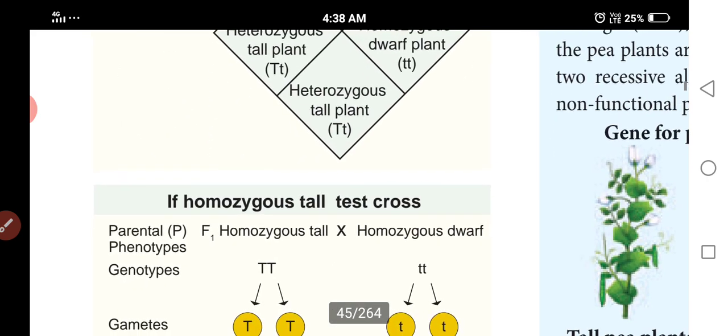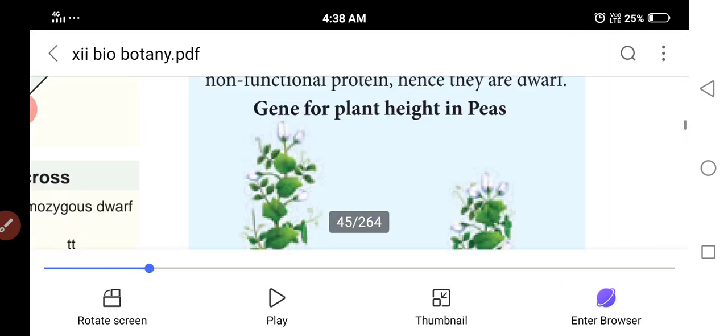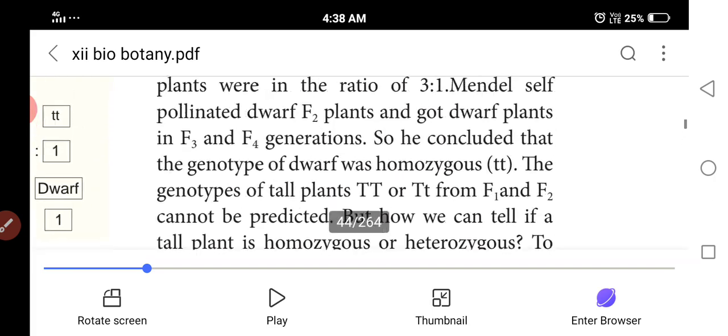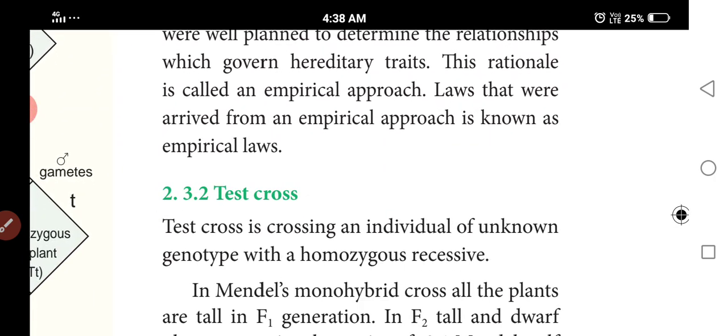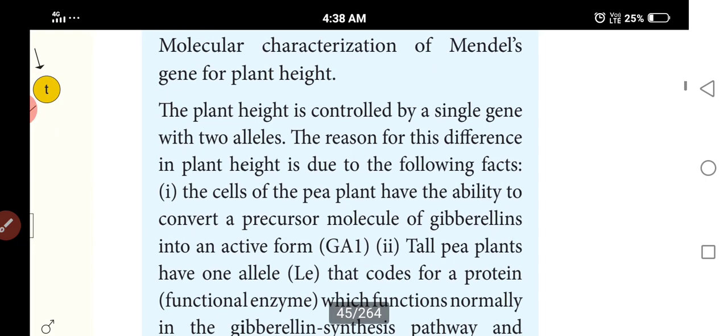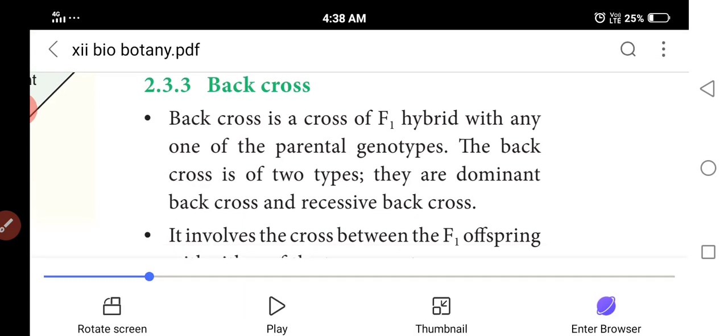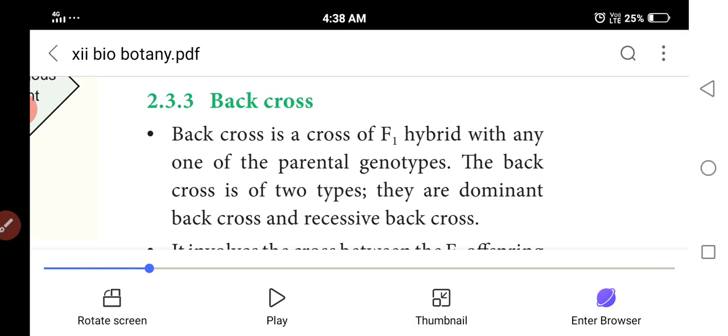So next we discuss the back cross. There is no need for a molecular explanation. Back cross means the F1 generation hybrid is crossed with any one of the parental genotypes. Backcross will be of two types, dominant backcross and recessive backcross.